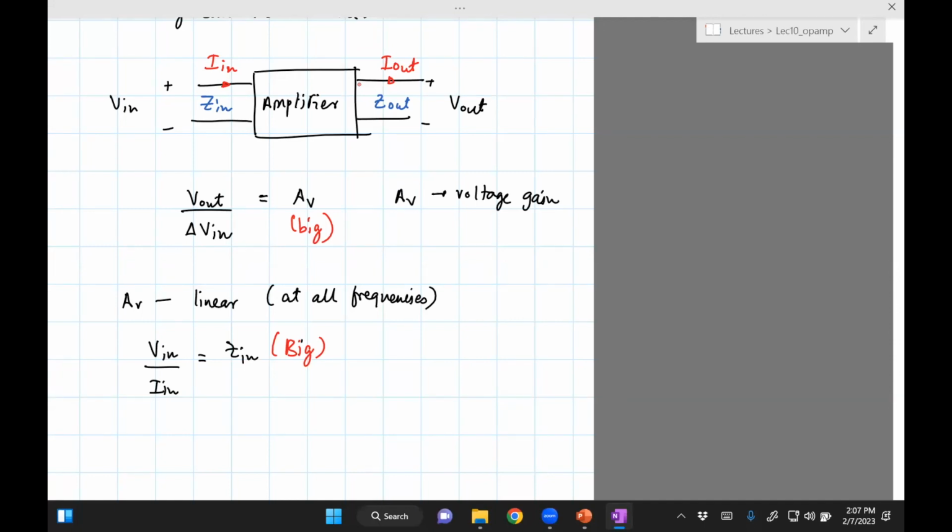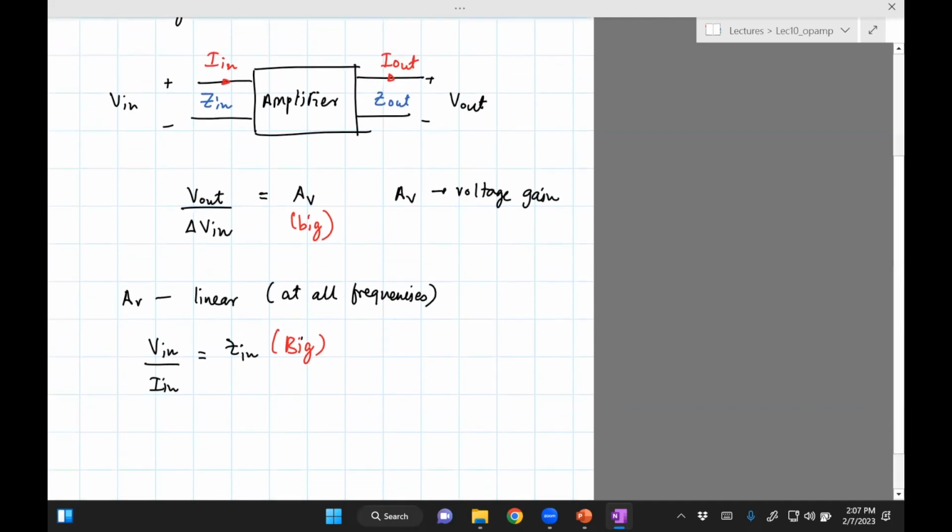And that's good because if the current is small, then it's not going to suck the current from other sources. Think of this amplifier as sitting with another component, let's say a resistor. If the amplifier starts drawing a lot of current, then that load, let's say it's a bulb or something, is going to get less current, which means it will glow less brightly, and you don't want that to happen.